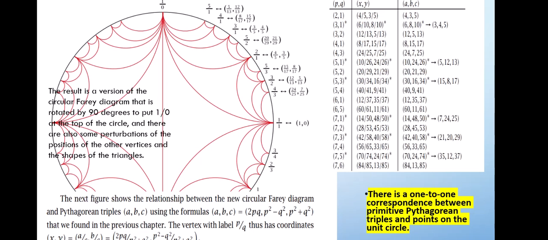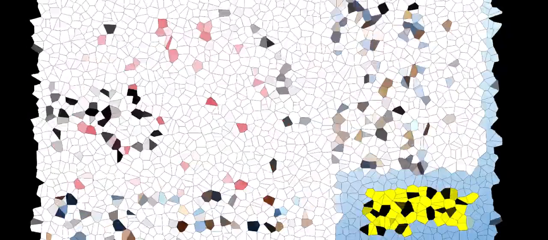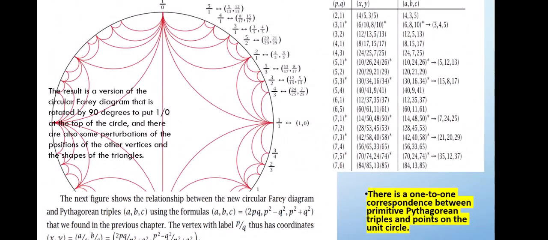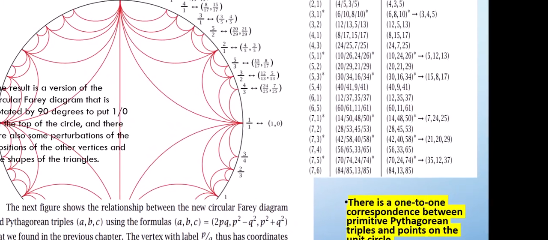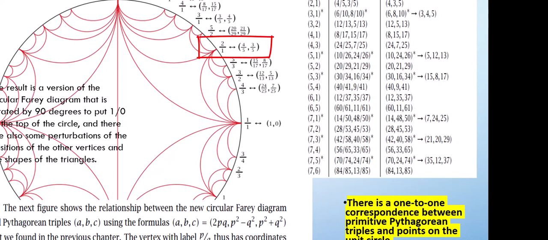Recall that we have already established this in another report on the Fourier diagram. We learned there that there is a one-to-one correspondence between primitive Pythagorean triples and points on the unit circle. In this slide, in the discussion on the Fourier diagram, P and Q are used instead of M and N. And here we have a point on the unit circle, 4 over 5, 3 over 5.